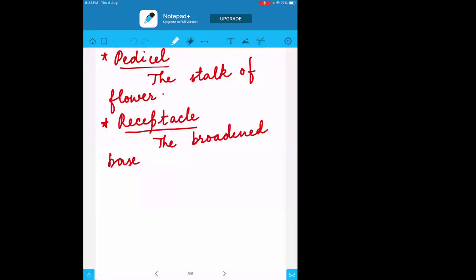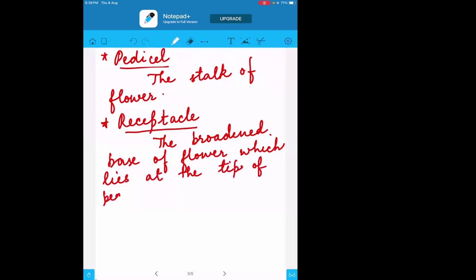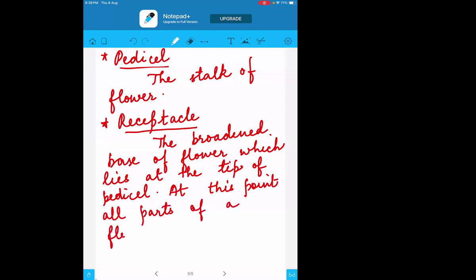So the broadened base of the flower which lies at the tip of the pedicel is called the receptacle. At this point, all parts of a flower are attached.